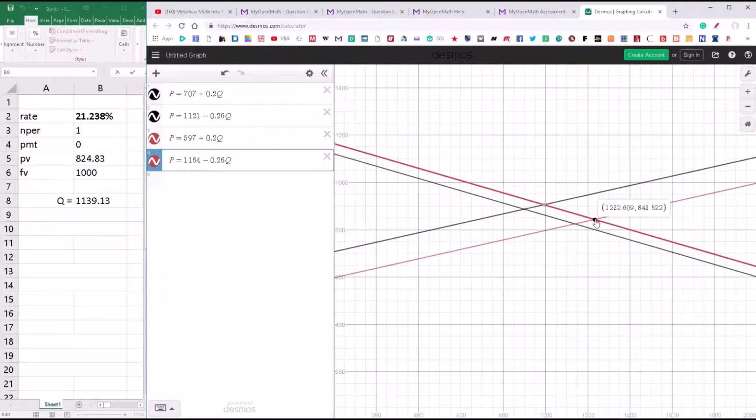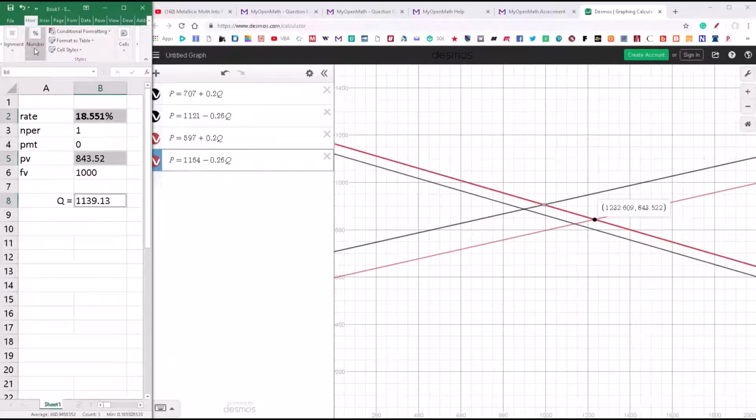So the new demand curve in red has an equilibrium price of 843.522, and an equilibrium quantity of 1232.609.